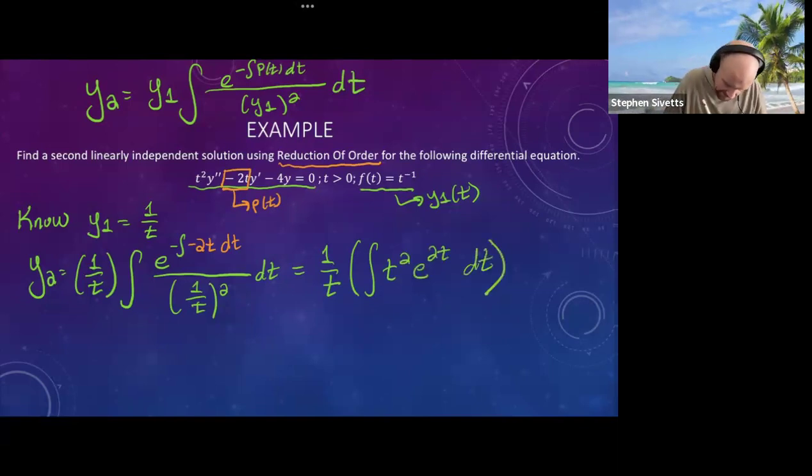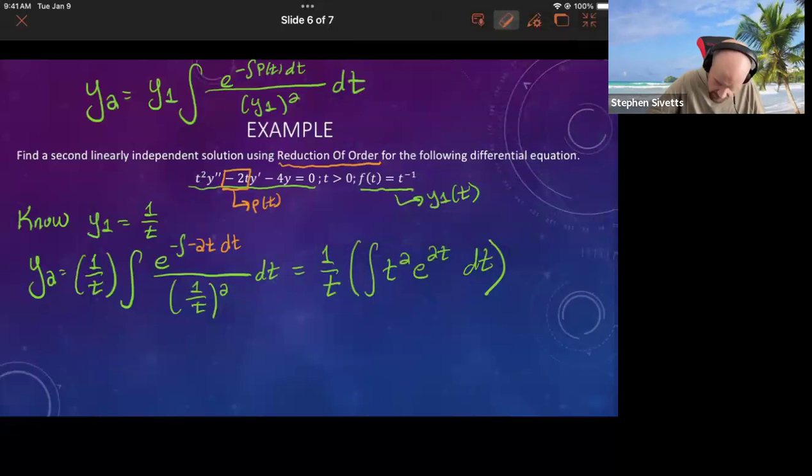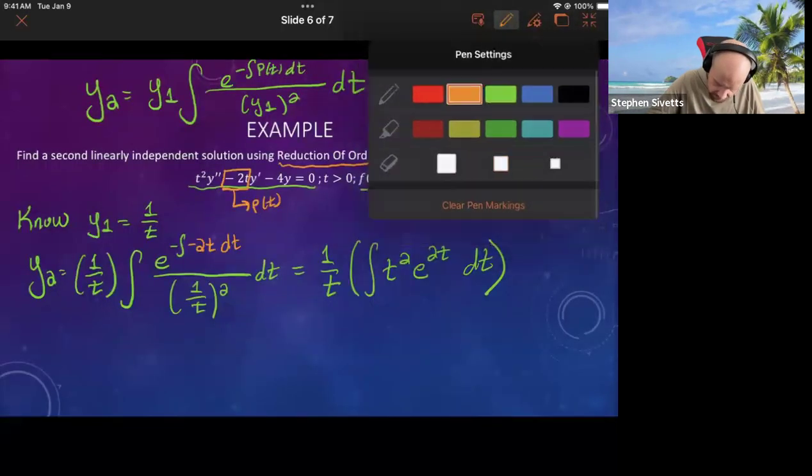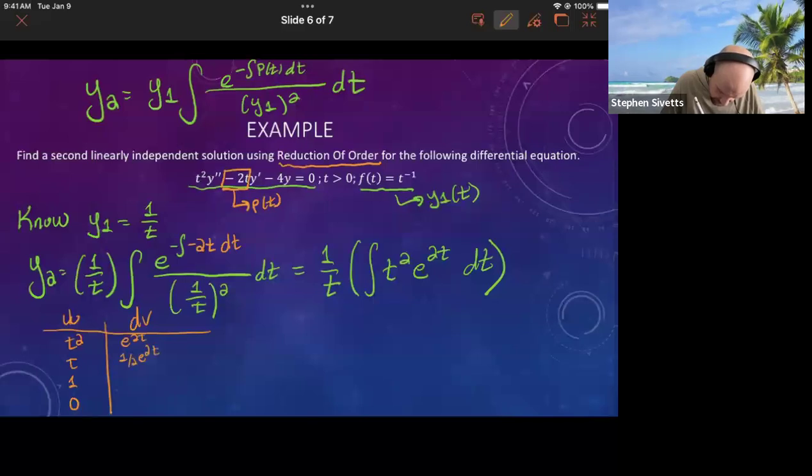All right. And so this equals 1 over t, and we're going to use tabular integration for the t squared e to the 2t quantity. So let me do that real quick. u and then dv: t squared, t, 1, 0. And then we'll have 1/2 e to the 2t, 1/4 e to the 2t, and 1/8 e to the 2t.